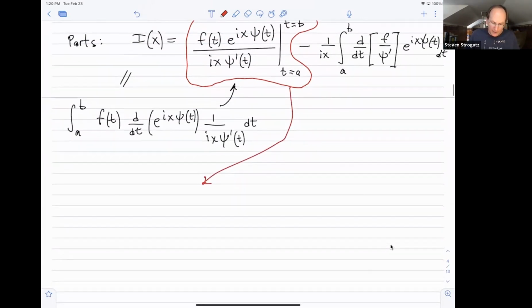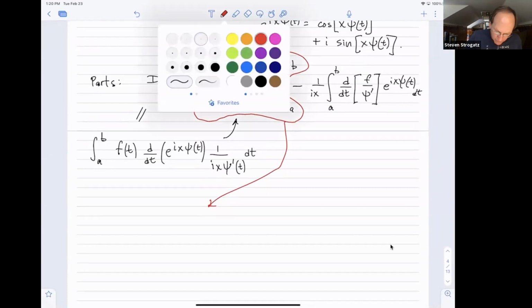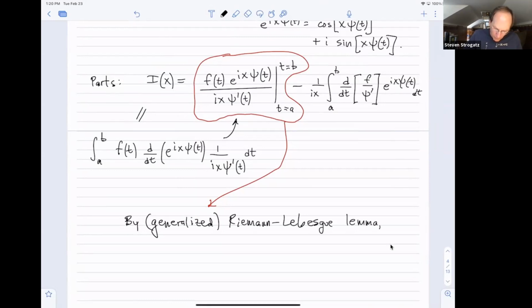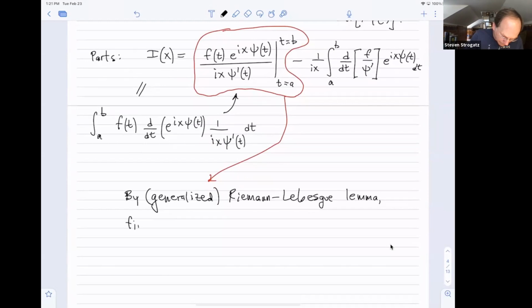And that term, by a kind of generalized Riemann-Lebesgue argument, well, it would require a little bit of generalization to what I was calling the Riemann-Lebesgue lemma, we would expect that this first term is still going to be big O of 1 over x because of this 1 over x term sitting here.